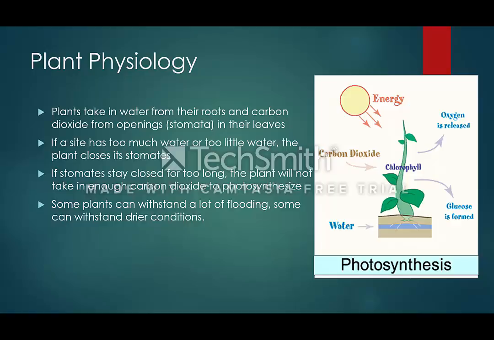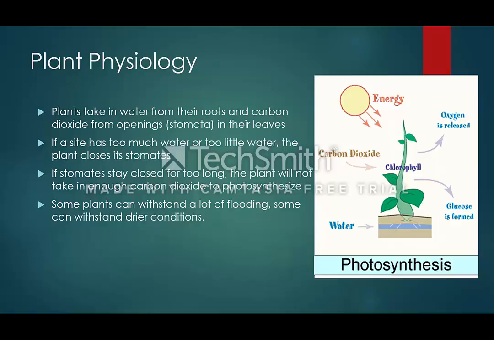If you water your houseplants too much, or you put a plant in too deep of water, or you put a plant that needs deep water up on higher ground, the plant will close those stomates, take in no carbon dioxide, and essentially shut down photosynthesis until adequate conditions are restored.